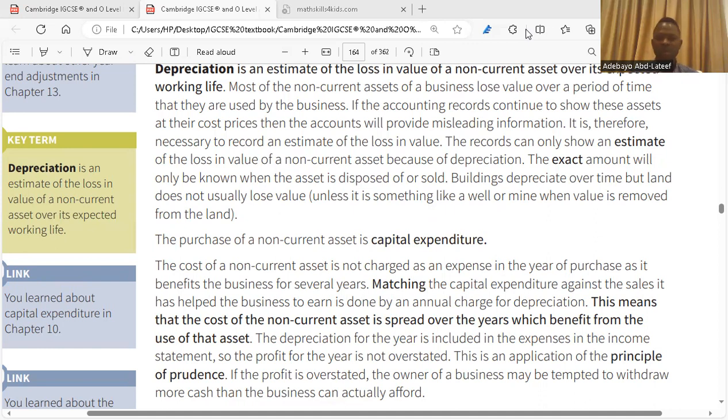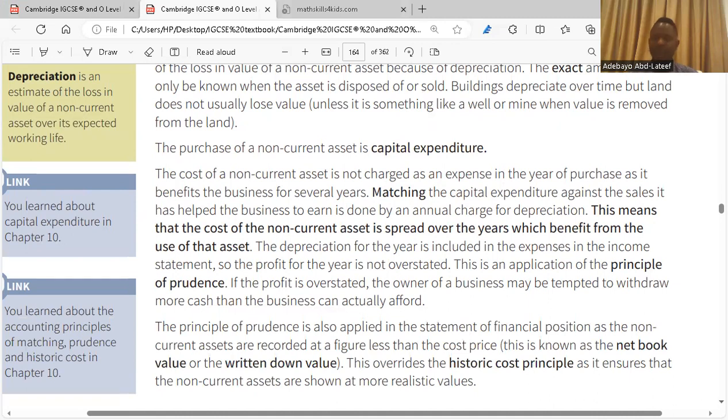The purchase of a non-current asset is capital expenditure. So a business, like we said, would have invested in non-current assets. So the investment in non-current assets is called capital expenditure. Not revenue expenditure.